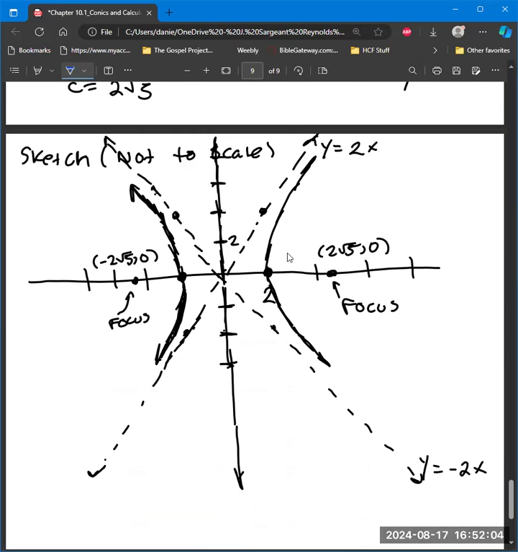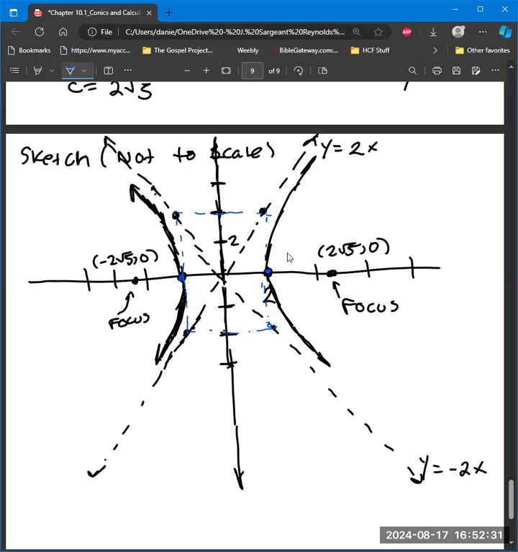I've sketched a graph here where each tick mark has a value of 2, and I drew this box here. I have the vertices that I know are going to be at 2 and -2.